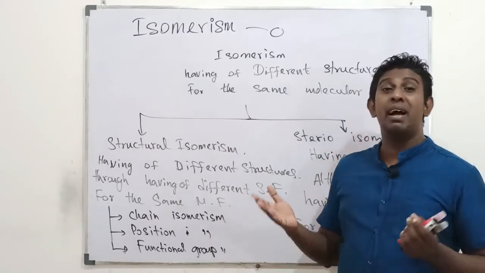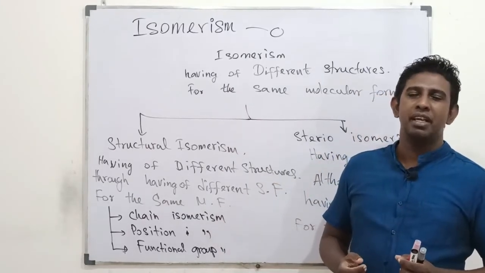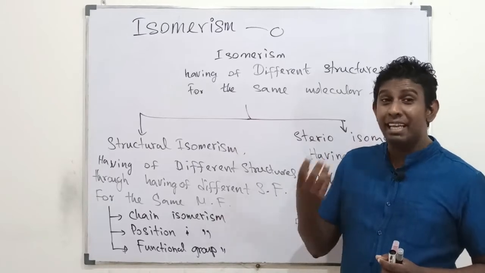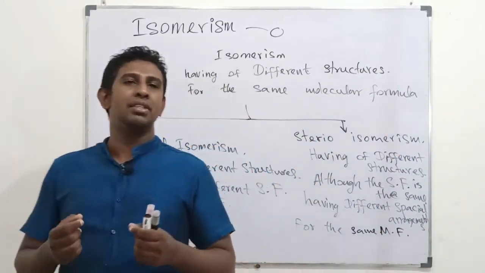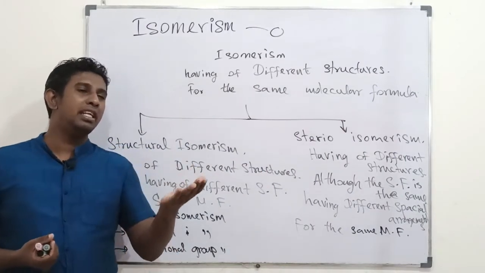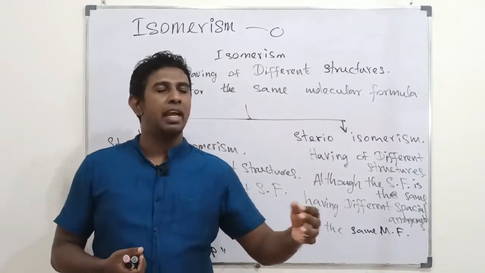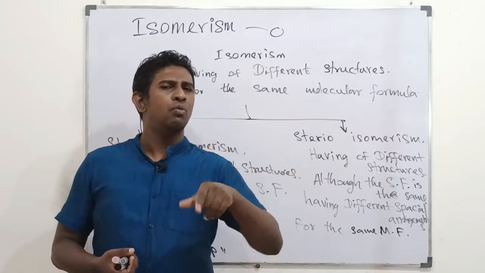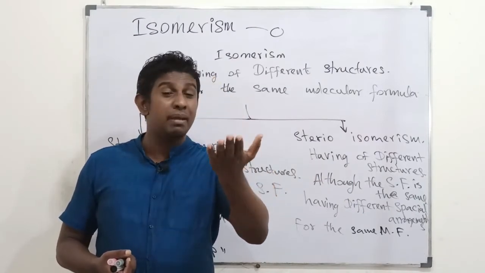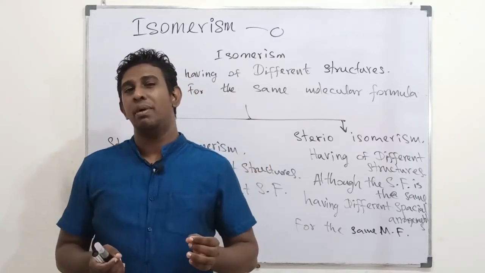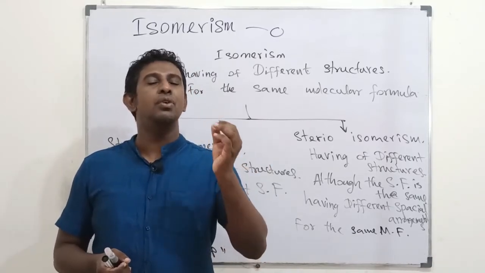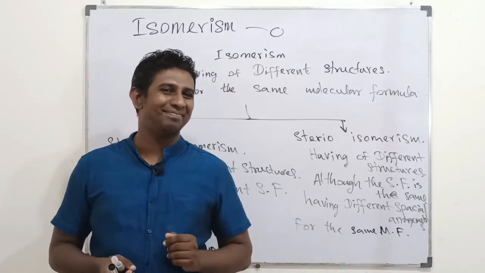When it says functional group isomerism, the type of functional group varies. In such situations, you get different structural formulae, therefore different structures, but for the same molecular formula. That's what we call functional group isomerism.